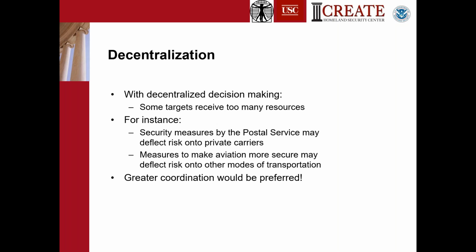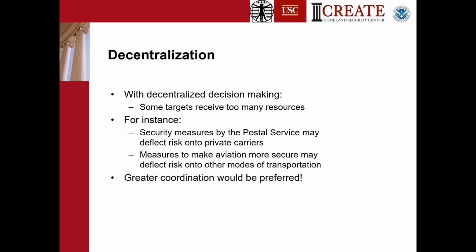Another insight into this, we can see from the ideas of game theory that if every target makes its own funding decisions, some targets will receive too much resources and deflect risk onto other targets.